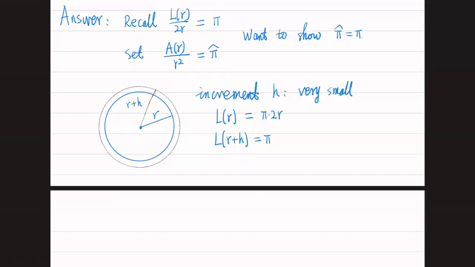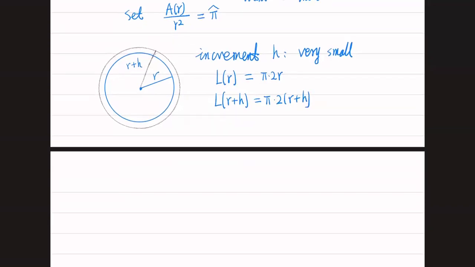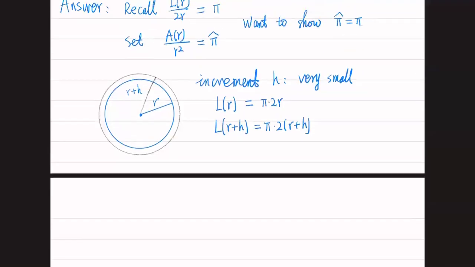Then it will be 2 pi times r plus h. Okay, I correct myself. I was going to say 2r plus 2h, but that works too.